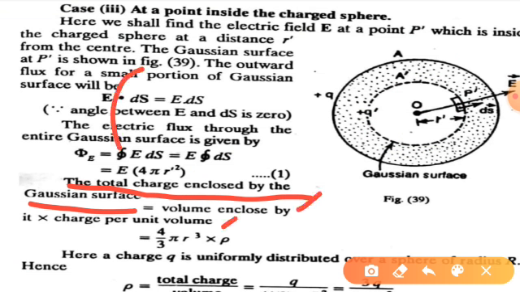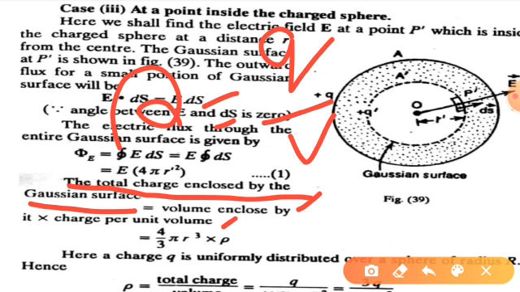Why? Charge density rho is equal to charge by volume. So charge is equal to charge density into volume. What is the volume of the sphere? 4 third pi r prime cube. Here r prime, not r. Here r prime cube into rho.